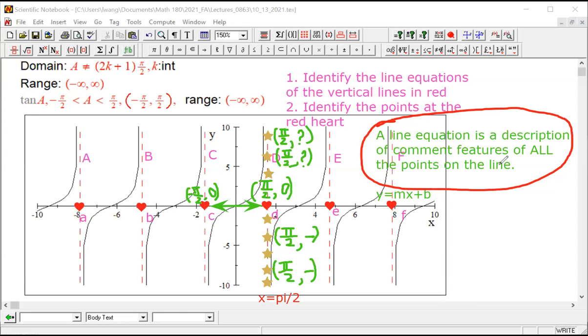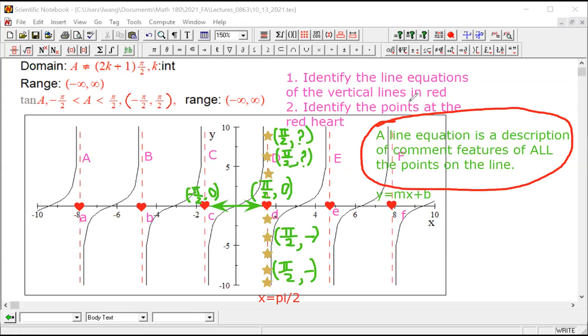This sentence is meant to be understood, because once you understand it, you can write it down in many different ways. What is a line equation? A line equation is a description of common features of all the points on the line. That is the essence.